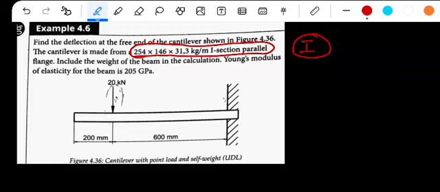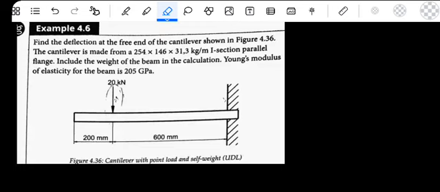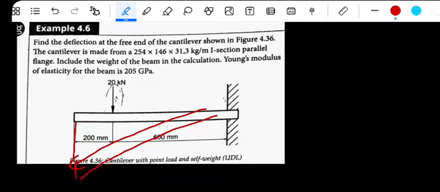All right, so it says find the deflection at the free end. At the free end we'll have the additional deflection, and the actual will be the sum of these. Here the load is acting here, as you can see.